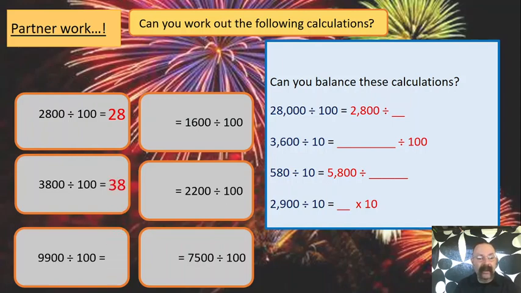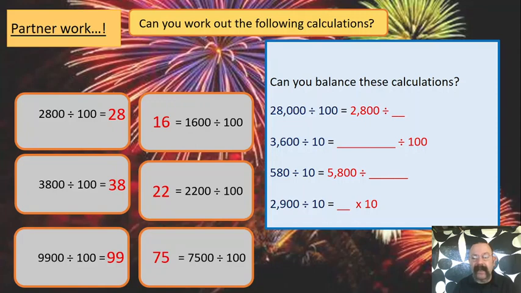Okay, so we've got 38, we've got 99, and then our starting numbers for this calculation, we've got 16 is the same as 1,600 divided by 100. 22 is the same as 2,200 divided by 100. And 75 is the same as 7,500 divided by 100.